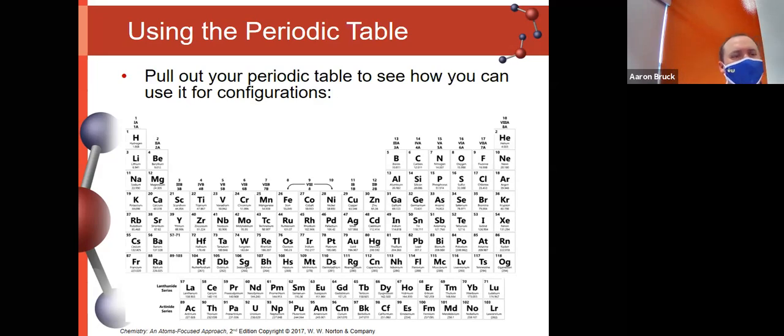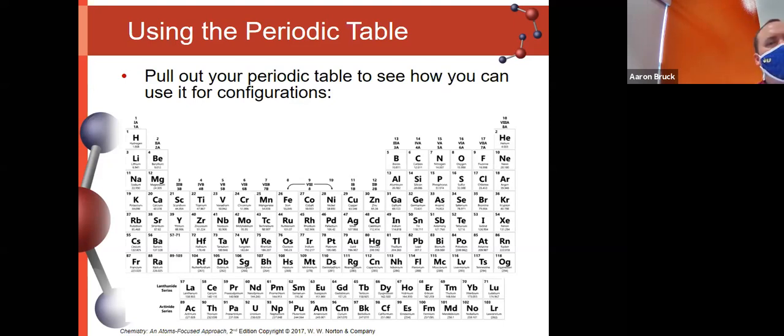If you didn't bring it, find some way to write this down, because the information that I'm going to present to you is going to help you massively in figuring out how to quickly do electron configurations based upon position on the periodic table, as opposed to drawing some sort of funny pyramid or drawing out orbitals for everything and then trying to count out how many electrons there ultimately are.